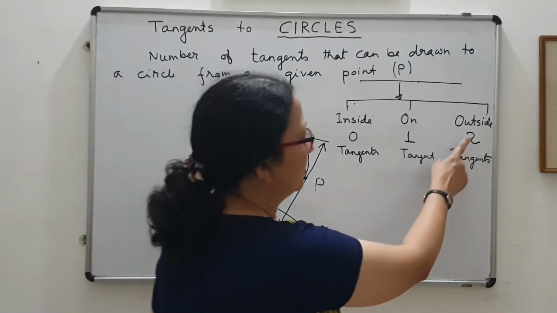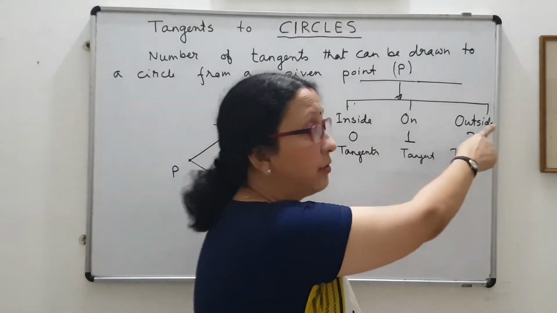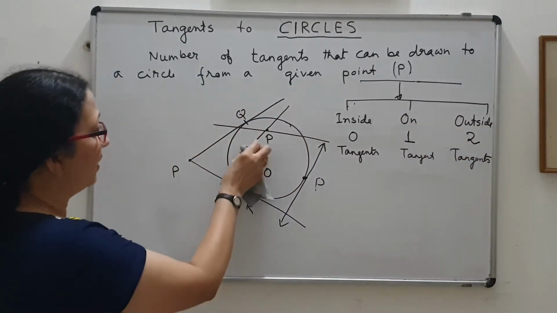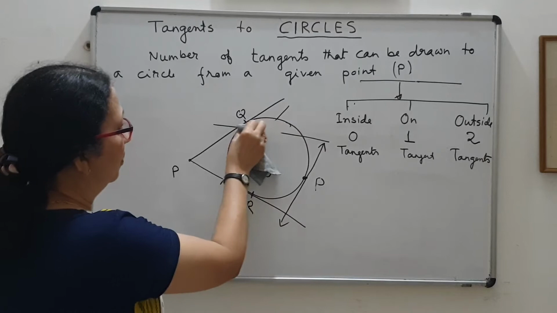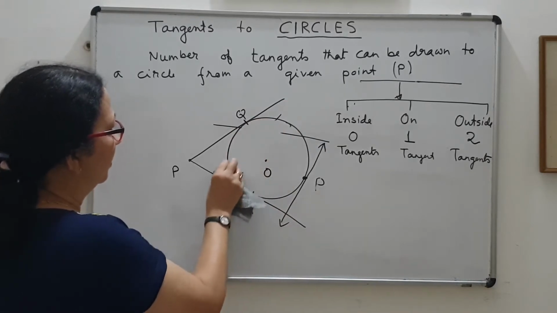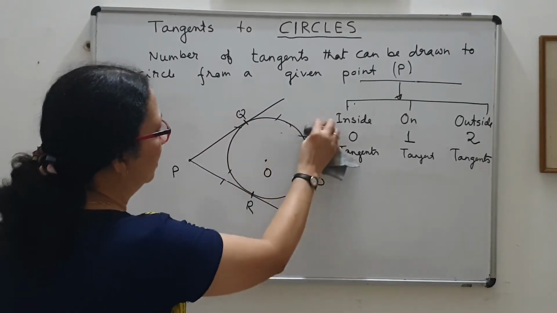Now when 2 tangents are drawn from a point outside the circle, we have to define a new term which is known as the length of tangent.